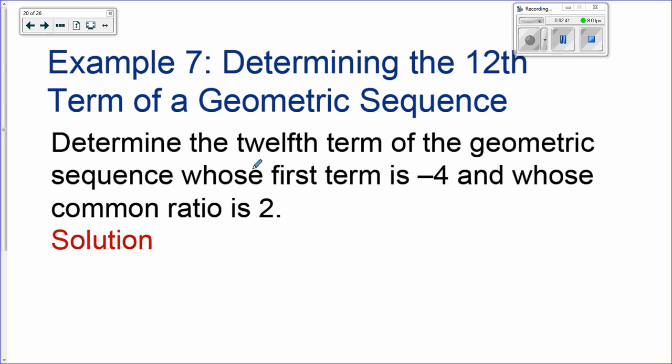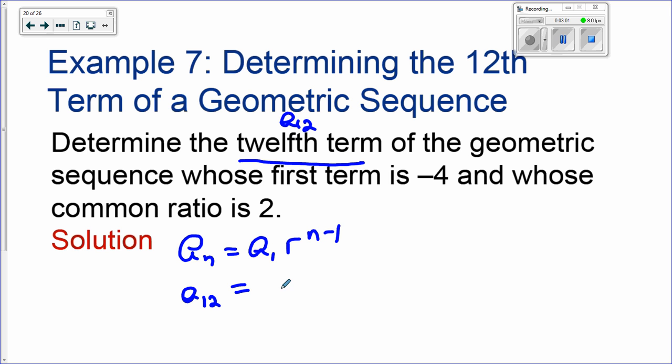So this one says find the 12th term, so that's a sub 12, of the geometric sequence whose first term is -4. So I'm going to write the formula down again. A sub n equals a sub 1 r to the n minus 1. So they want us to find a sub 12. A sub 1 is -4, r is 2, and it's going to be raised to the 12 minus 1, because they want me to find the 12th.